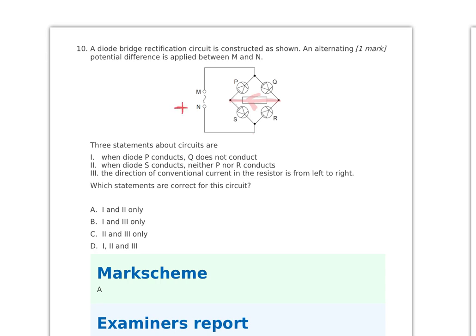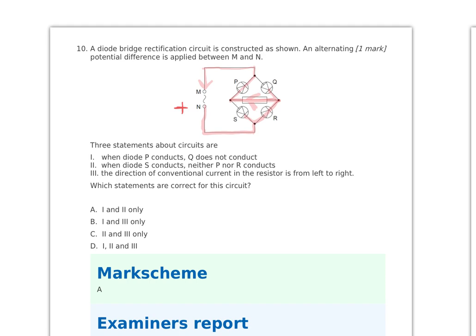So tracking that across, we start from N, nope, stop. Through the load, and through P and back to M. So it doesn't matter if M is positive or if N is positive, we still have a leftward current flow through that load. Now it says when P is conducting, Q is not conducting.